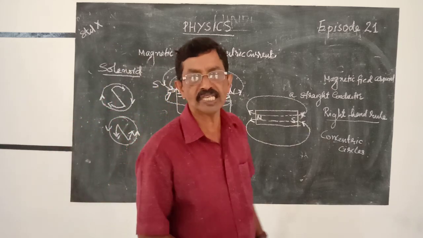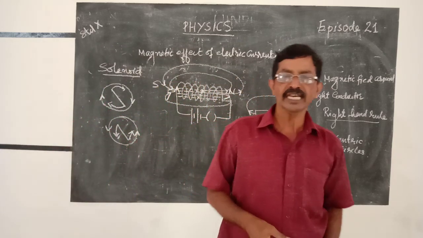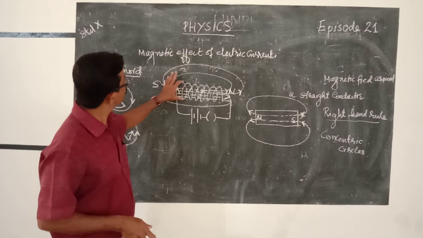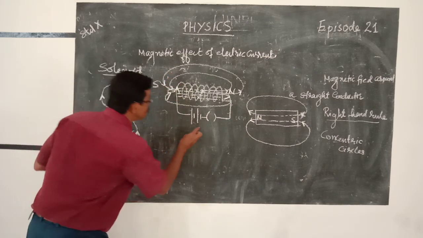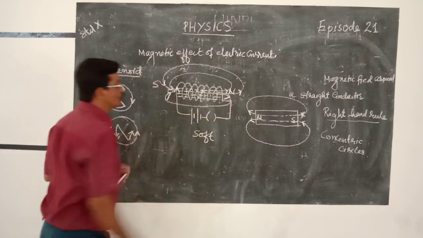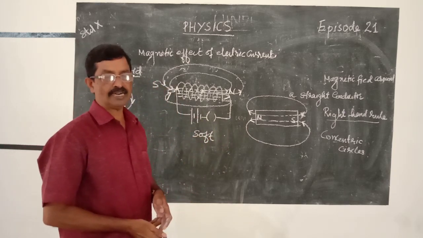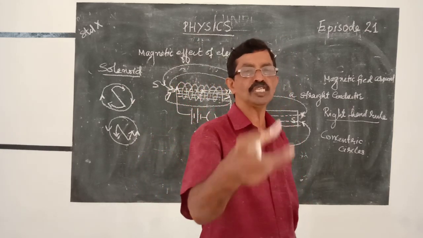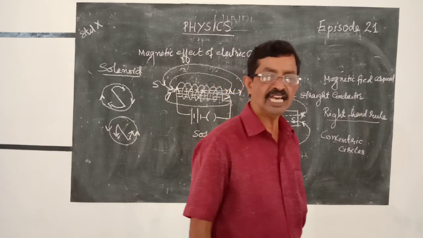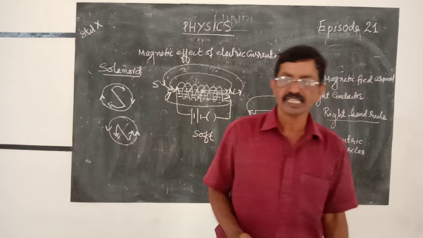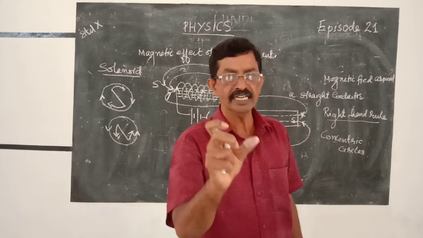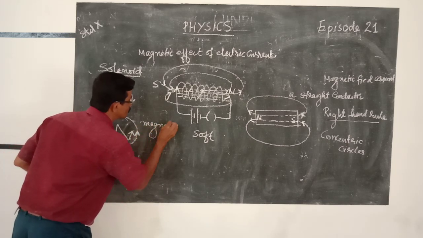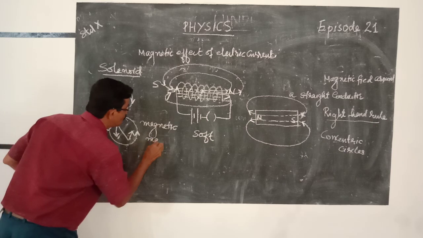So, if we place a magnetic material within the solenoid, that means if we place soft iron, which is a magnetic material. What is actually a magnetic material? A material that can be magnetized in the presence of a magnetic field is a magnetic material.